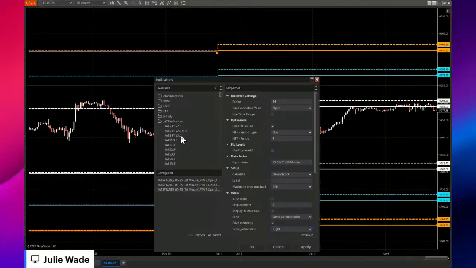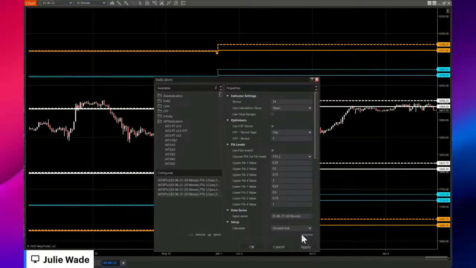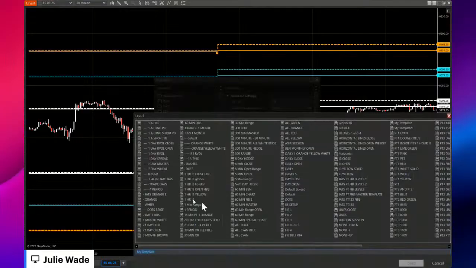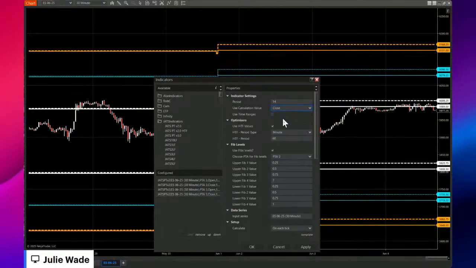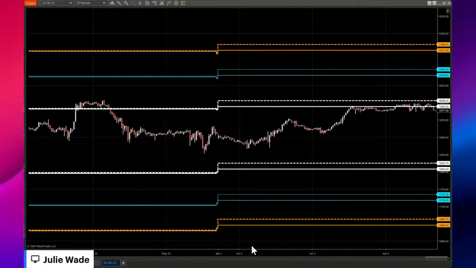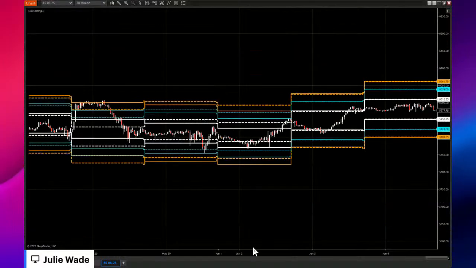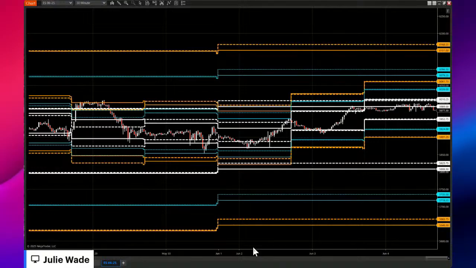And I'll add a 1-day close. I don't need fibs. We're in very low volatility. All right, so I've got my 1-day and 4-day. So here we go.